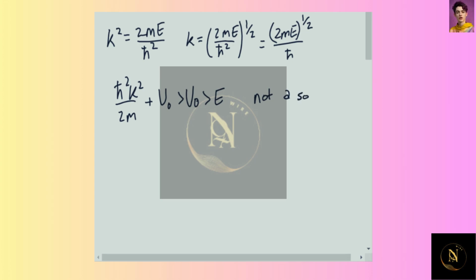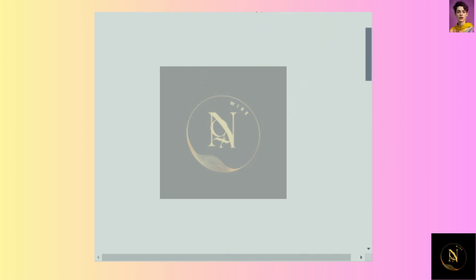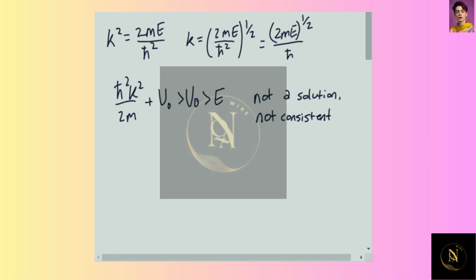So we can see that this psi function is not a solution to equation 40.3 because it is not consistent. So that is our answer for part A.